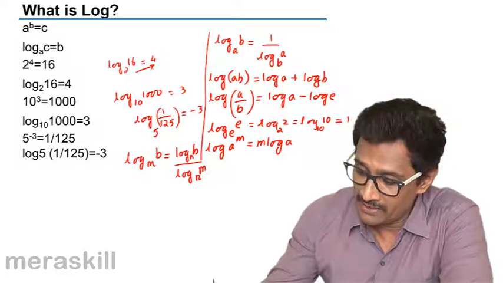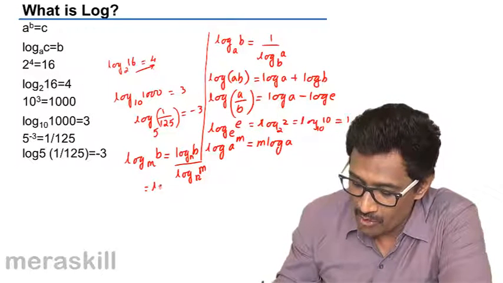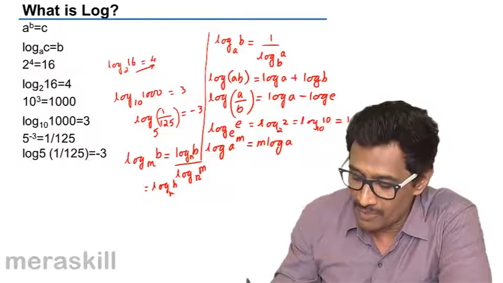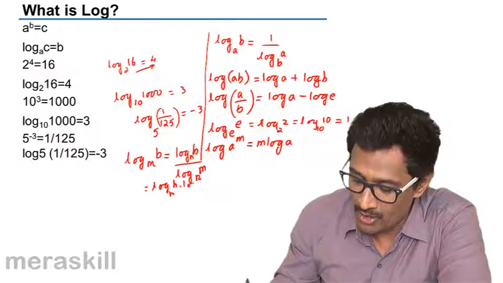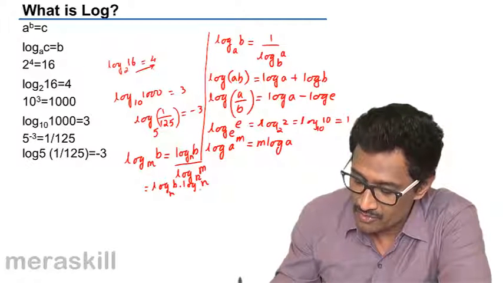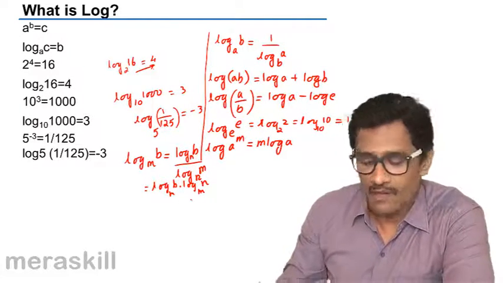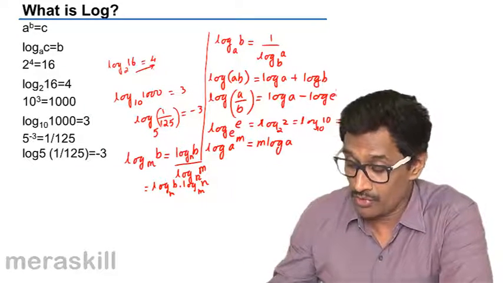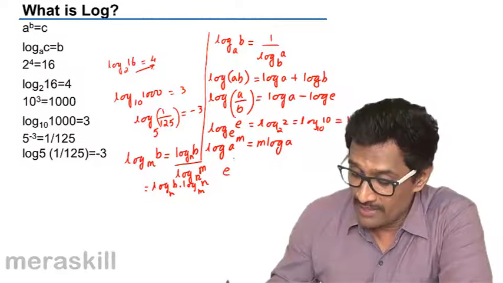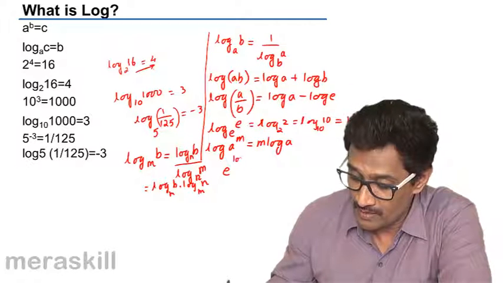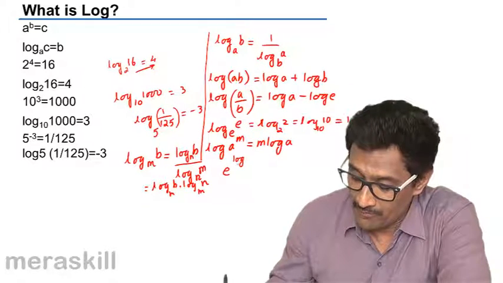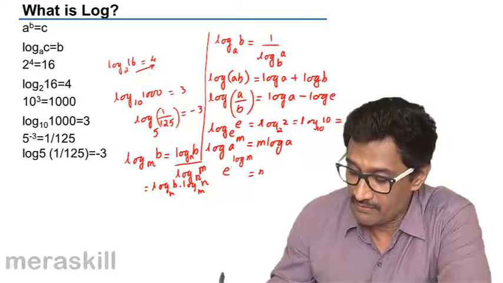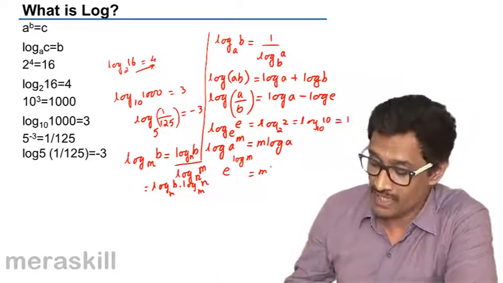And if we combine it with this rule, we can write this as log b to the base n in the numerator, and 1 upon log m to the base n is nothing but log n to the base m. Hence we have these basic rules of log which we shall use again. And also remember one more rule: e raised to log m is nothing but m itself. This also is a particular rule which we have.